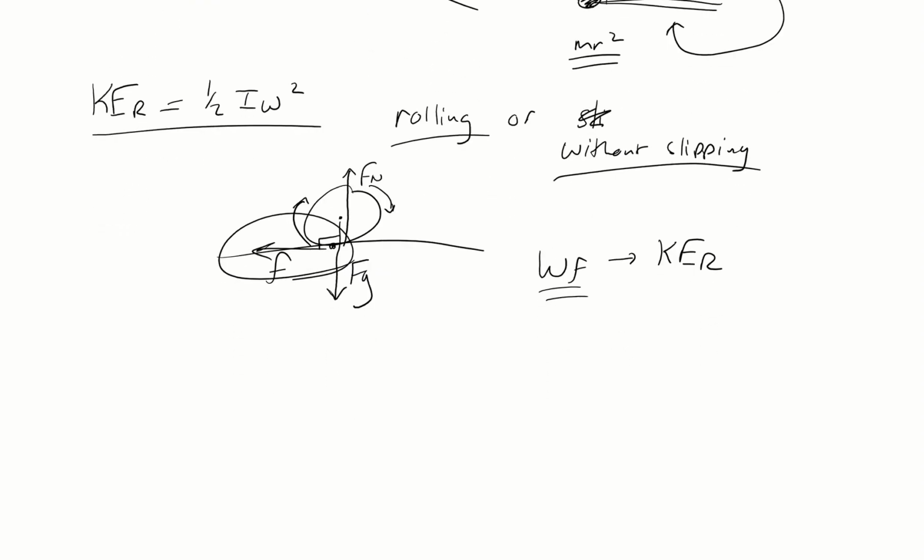Another concept that comes up with kinetic energy and rotational kinetic energy is, once again, work. If I ask you to find the work done on something, one of the easiest ways is to simply find the change in energy.